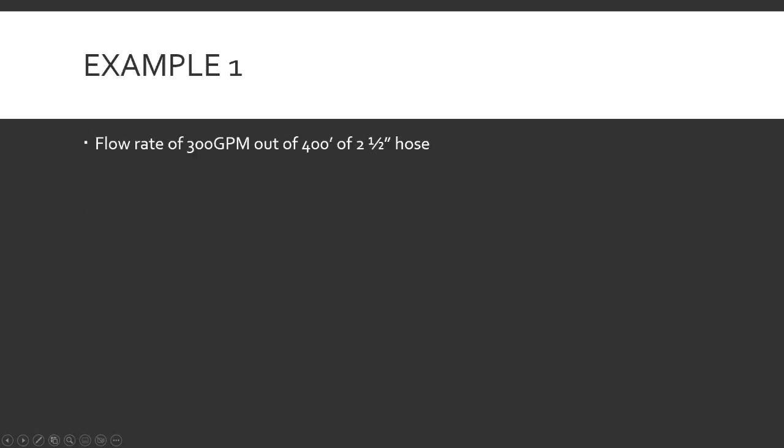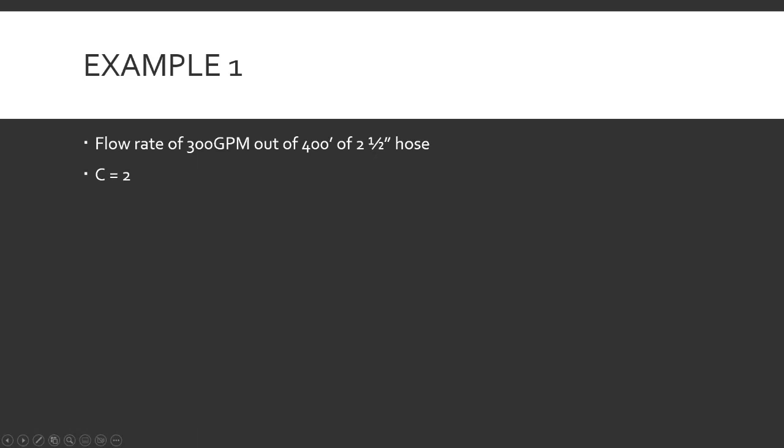Now the first one we're going to walk through. Find the friction loss for a flow of 300 gallons a minute out of 400 feet of 2.5 hose. So our coefficient is 2, because we're using 2.5-inch hose.